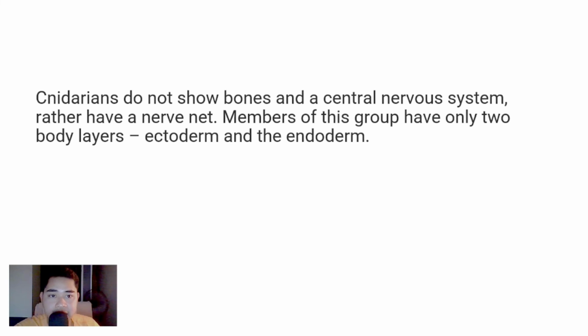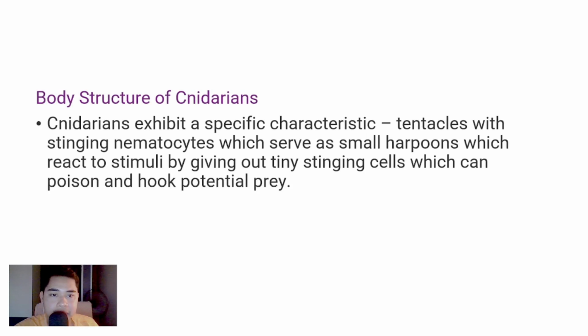Instead of having a central nervous system, they have a substitute for that, such as the nerve net, where they could communicate from their anatomical structures. So that is how they could maneuver their tentacles, and then they would release that energy or poison so that they could get their prey.